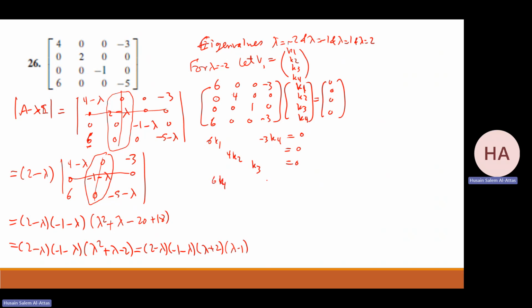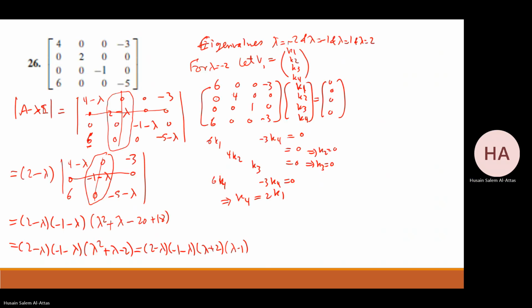6k1 minus 3k4 equals 0. So I have k3 equals 0, k2 equals 0. These two are the same, and I'm getting what? K4 equal to K1. Yeah.